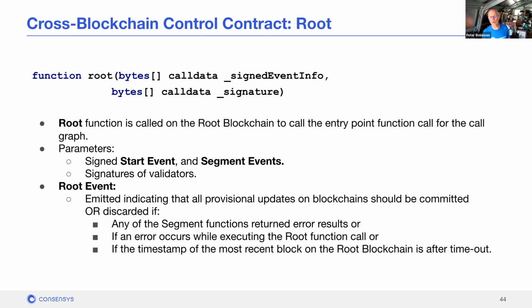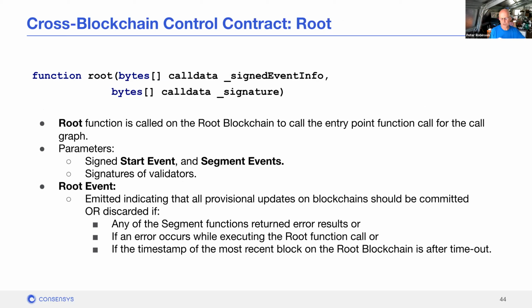So the root call is called on the root blockchain, and it's got the entry point function call. And so similar to the segments, it takes a start event and segment events and a set of signatures of validators. And the root event is emitted by this call.